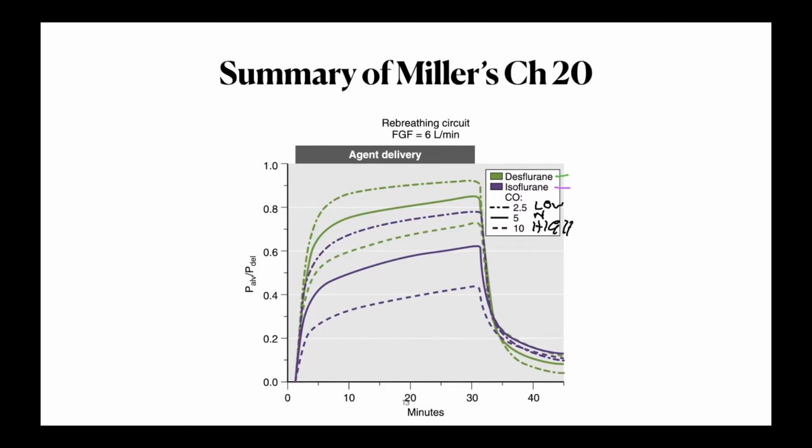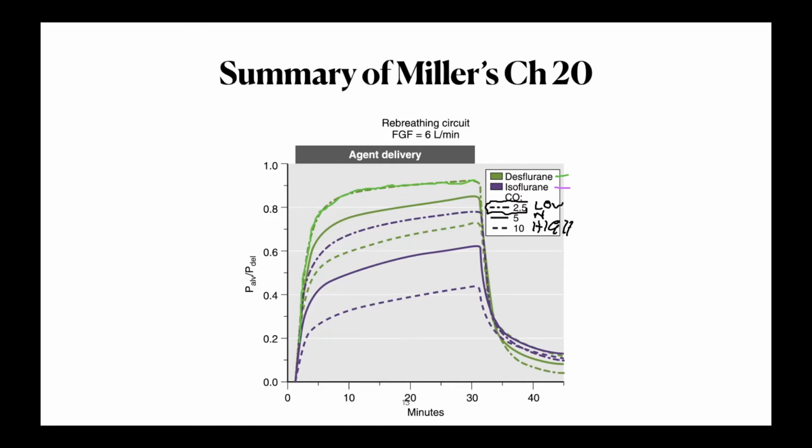You can see that when you've got low cardiac output, your FA/FI curve, the alveolar divided by the partial pressure being delivered, reaches equilibration faster. This is the top one here, which is desflurane, and you can see that it reaches equilibration faster.